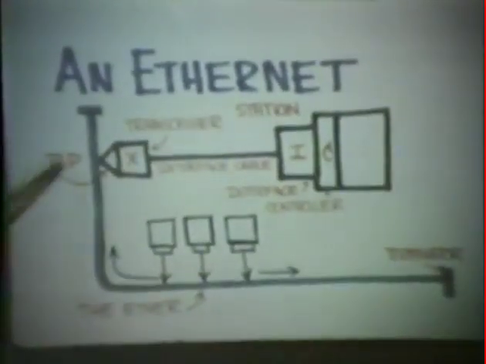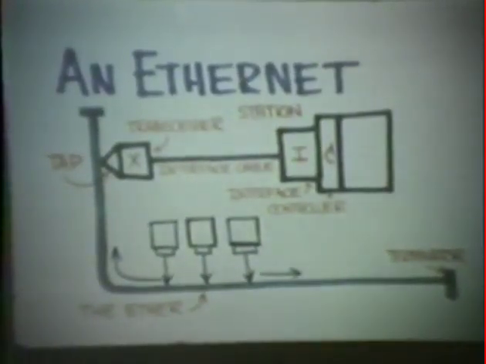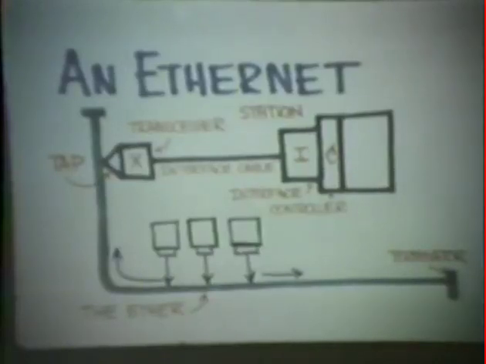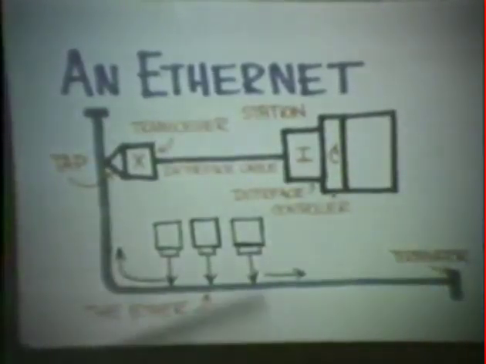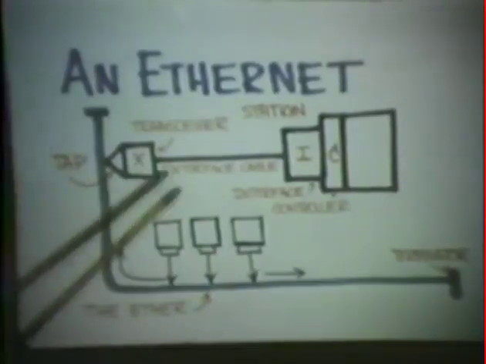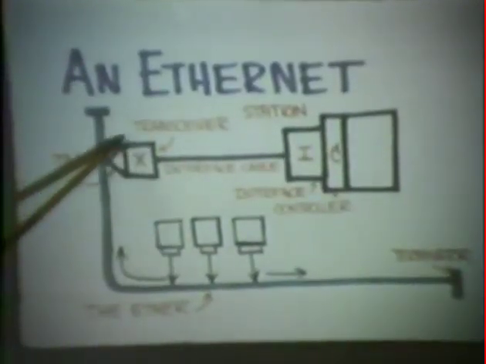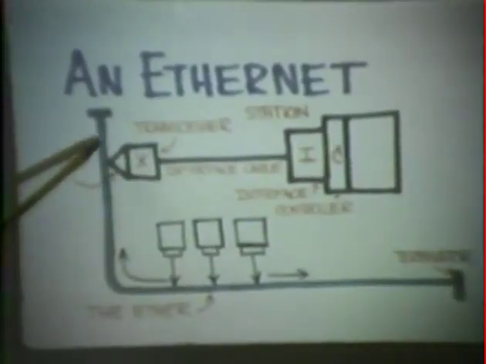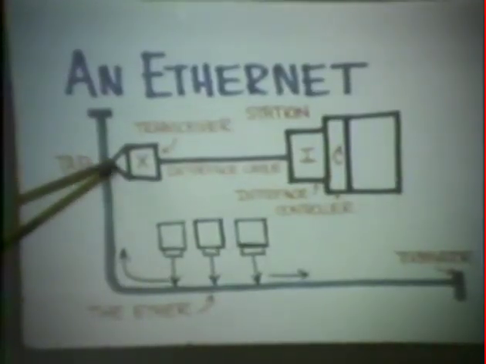The pieces of the Ethernet are the tap. The Ethernet tap is a device for physically grabbing hold of the coaxial cable and puncturing it so as to establish electrical connection between the center conductor of the coax and the transceiver electronics inside the transceiver itself. The transceiver and tap are part of the same assembly, and I'll show you a picture in a moment, are generally located in the ceiling or under the floor sometimes, right next to the coaxial cable.